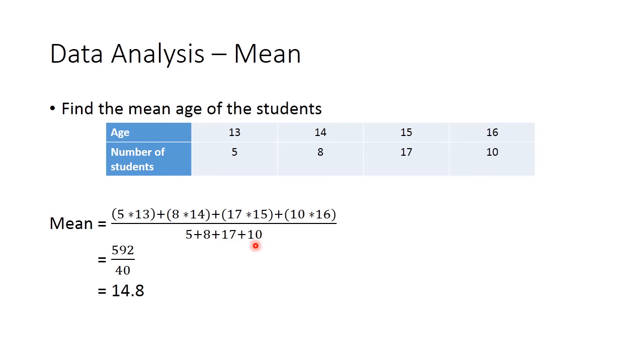Now if you do all this addition and multiplication carefully, and don't make any silly mistake, you should get 592 over 40. So if you take 592 divided by 40 and punch it into your calculator, you would get the answer 14.8.